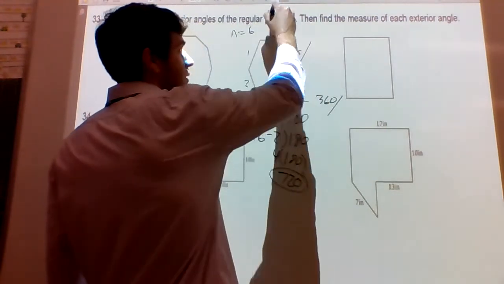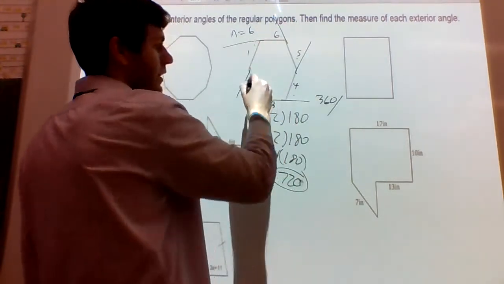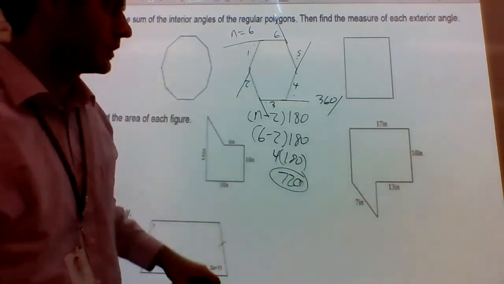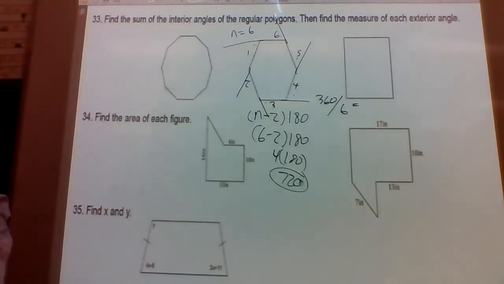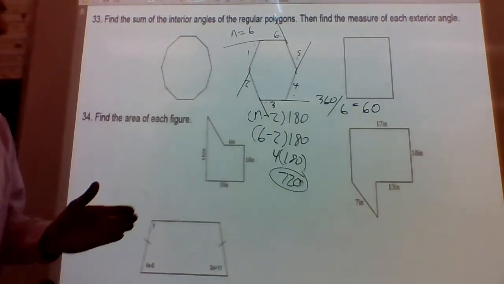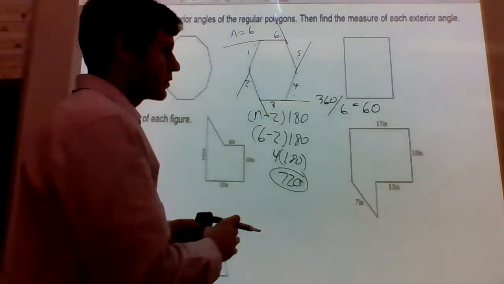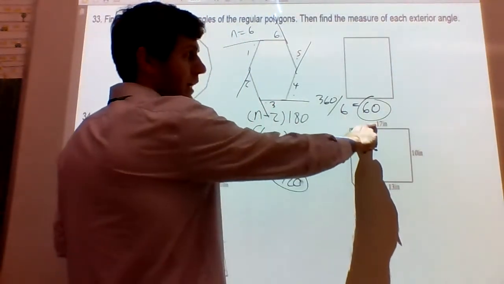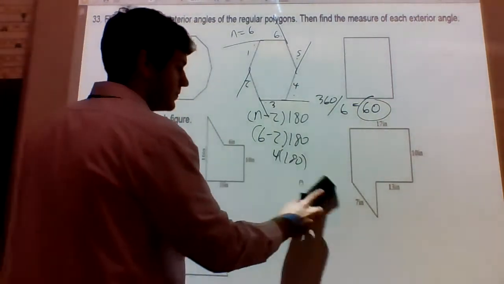There are going to be 6 exterior angles, so we divide 360 by 6, which is 60. So these are our two answers: this is the measure of each exterior angle, and this is the sum of the interior angles.